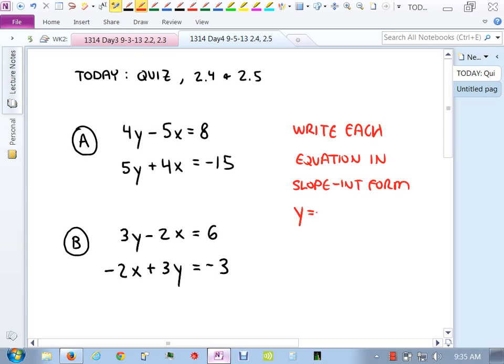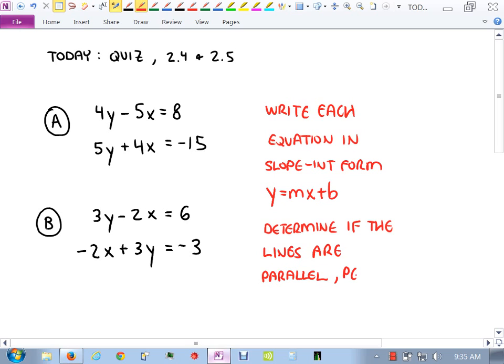Good. Y equals mx plus b. So for people doing A, those are two equations, right? You write each one of them in slope-intercept form. And then for part B, there's two equations, you do the same thing. And then determine if the lines are parallel, perpendicular, or neither.